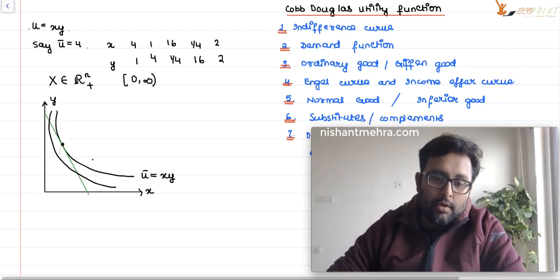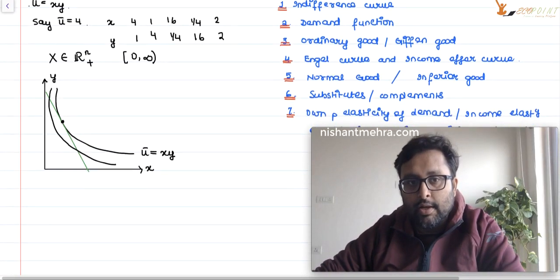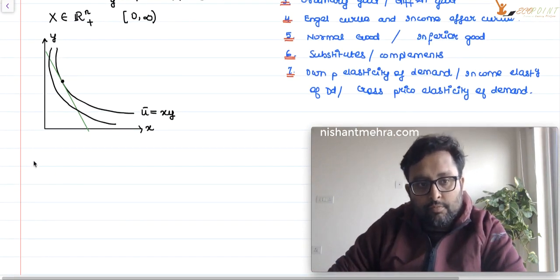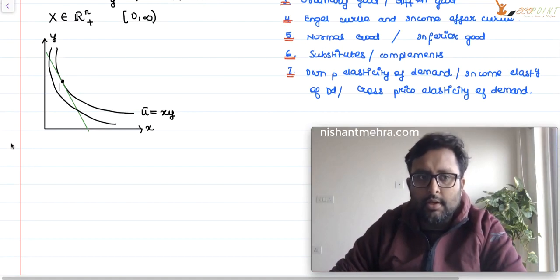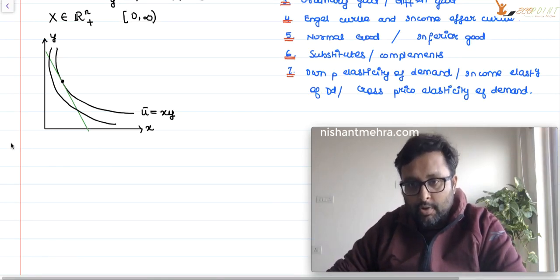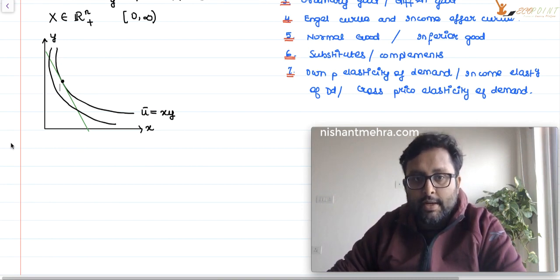I'm doing a very cookbook procedure right now, which is a simple Lagrangian technique in order to find out how you get the optimals. But this could be used only for differentiable functions and only for the equality constraint problem. So your m equals p1x plus p2y. That is your budget constraint.